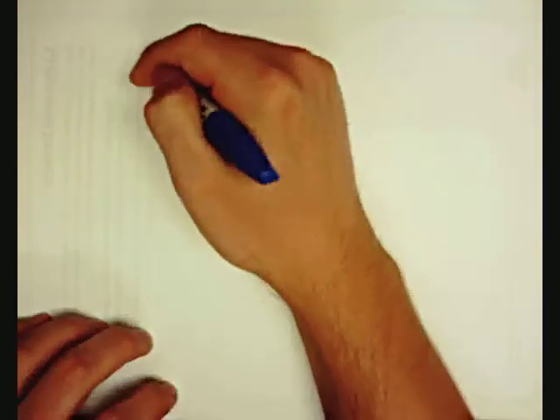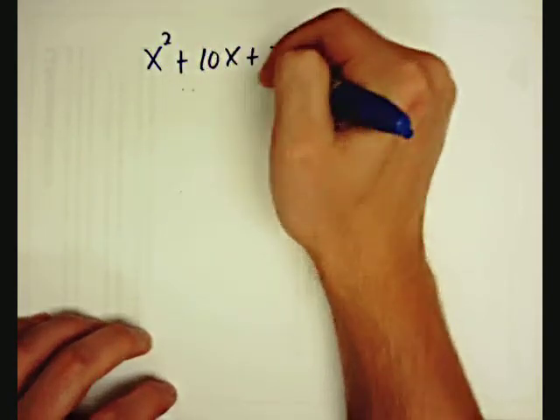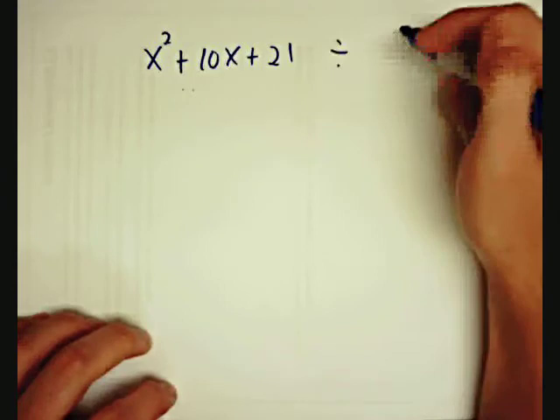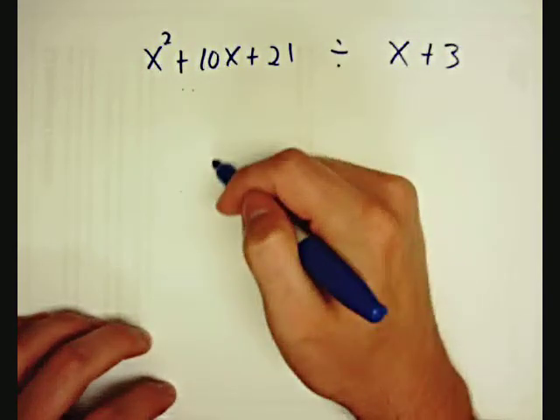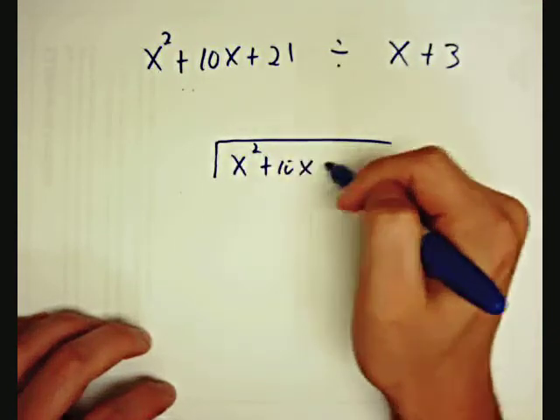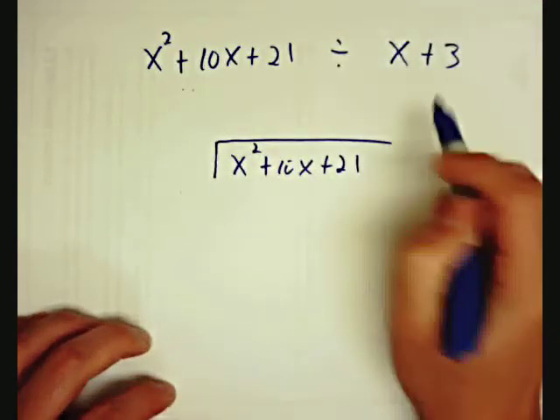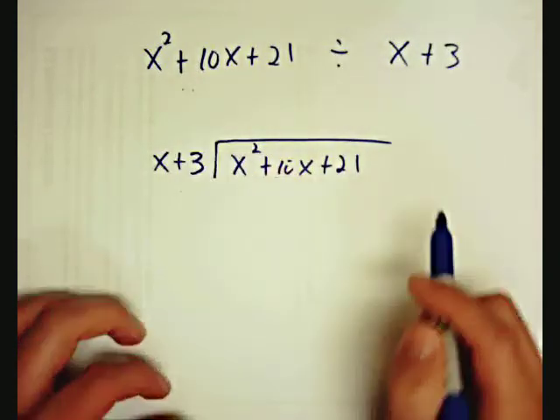So example 1, let's divide x squared plus 10x plus 21 by x plus 3. So we'll start the same way. We want to put x squared plus 10x plus 21 inside, and our divisor, x plus 3, is on the outside.